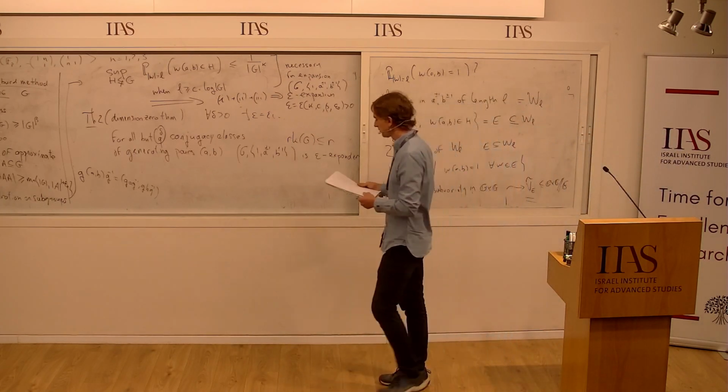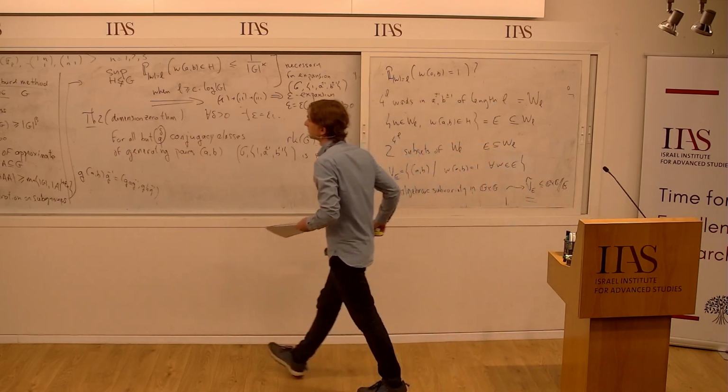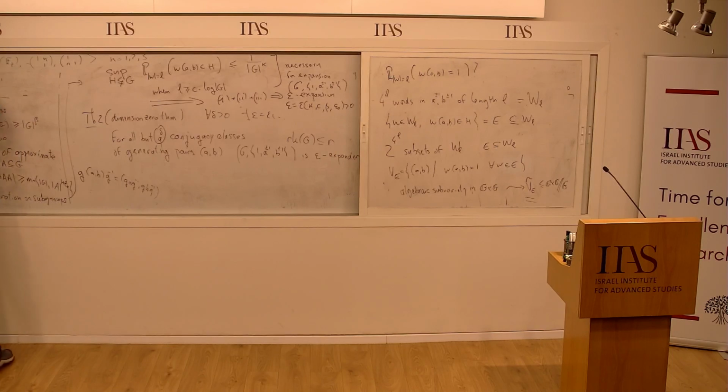Okay? So one of the main points is that although there are super exponentially many possible subsets of WL, there are at most exponentially many, so 2 to the O of L, possible geometrically reducible components of VEs.